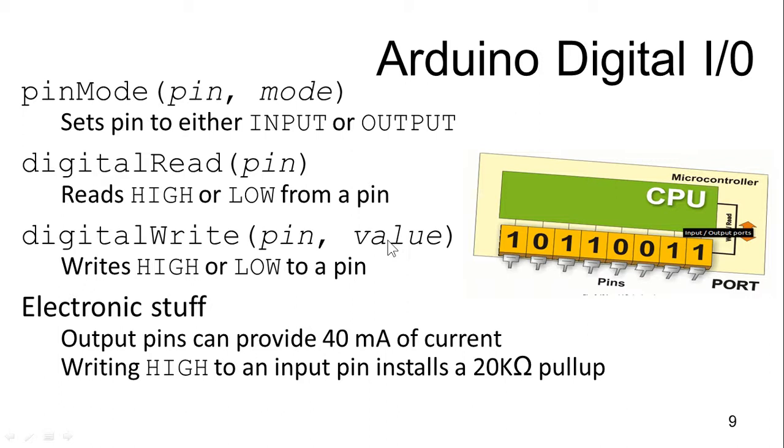For an output pin, Arduino can provide up to 40 milliamperes of current. So when you connect your output devices like motors, LEDs or relays, just know that the Arduino pin does not provide a huge amount of current.